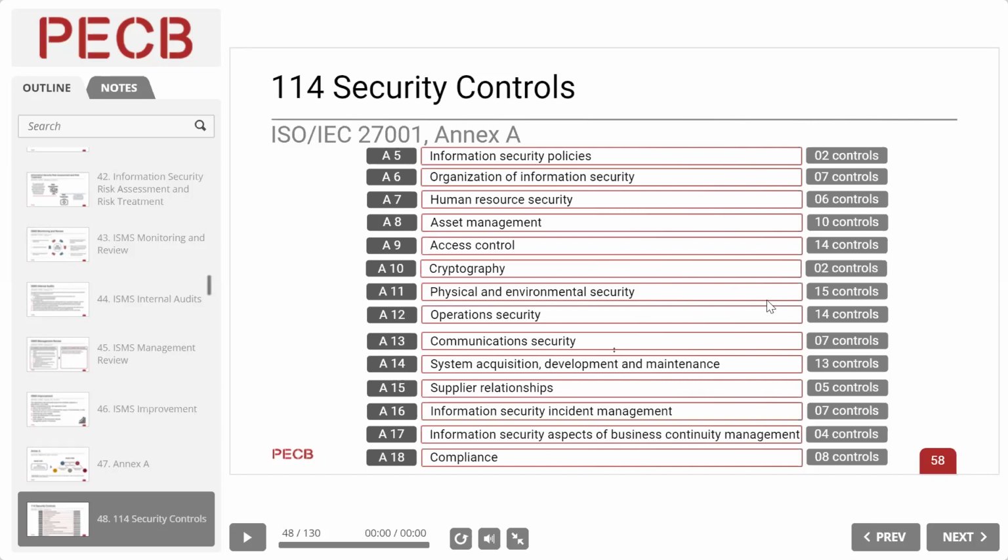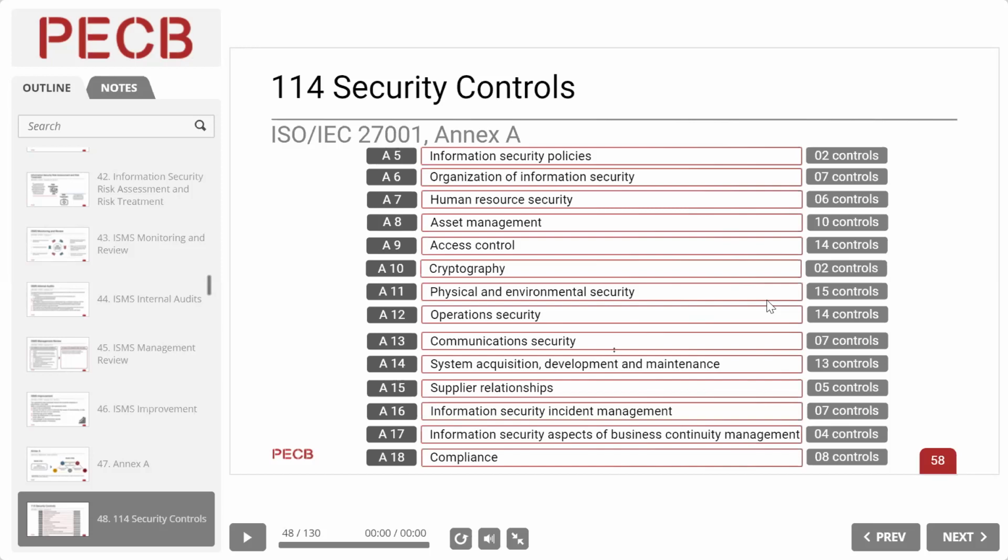If you notice, we have the control domain, information security policies. There are 2 controls there. Organization of information security, there are 7 controls. So if you total all the controls on the right, you get 114. So let's briefly look at the control domains and what they cover.